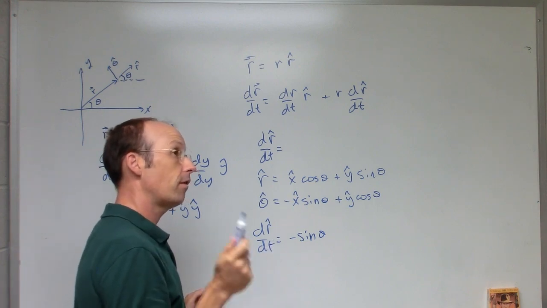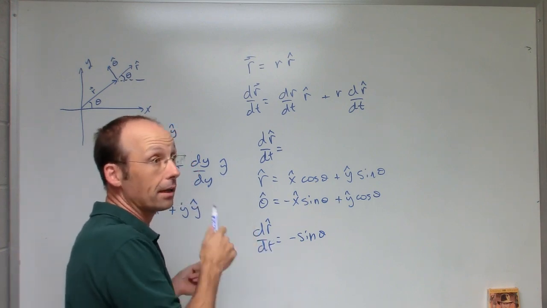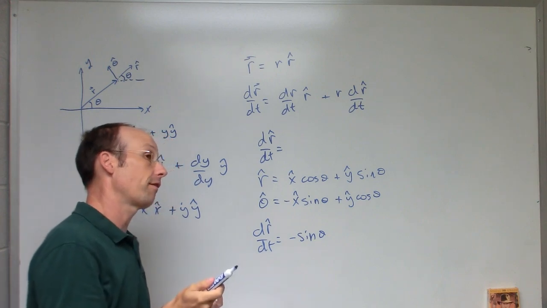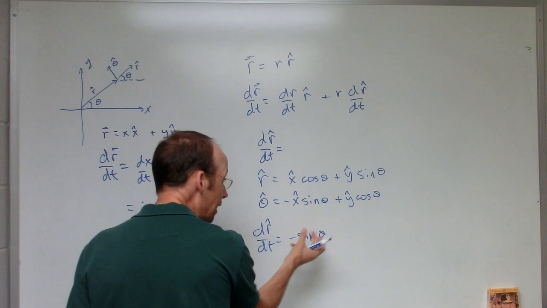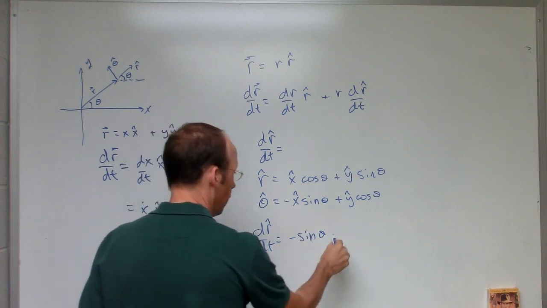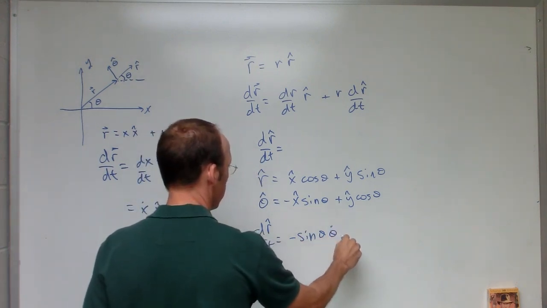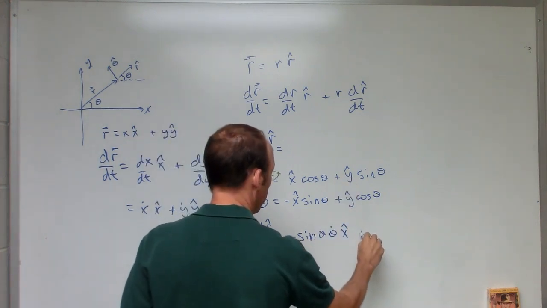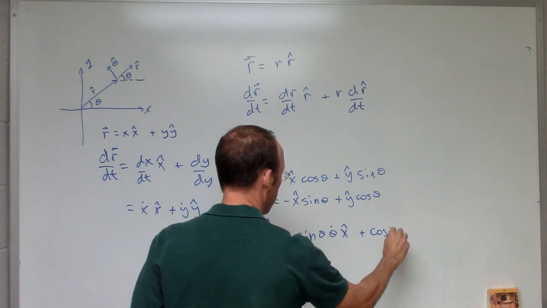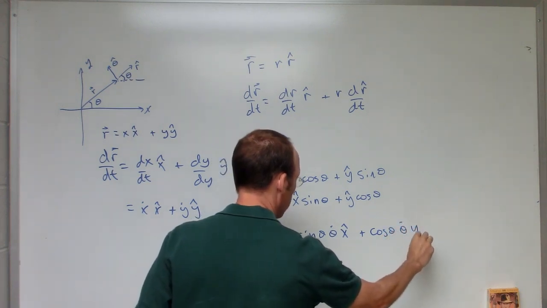But that's the derivative of cosine theta with respect to theta. I'm taking the derivative with respect to time, so I also need to take the derivative of the inside of this function, which is theta. So I have a theta dot here too. And then if I do this one, I get plus cosine theta, theta dot, y hat.